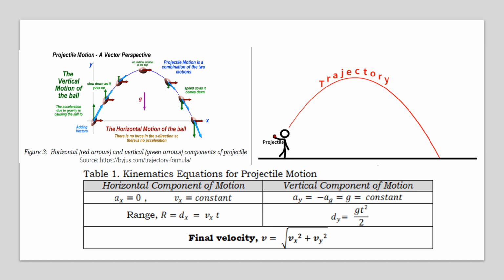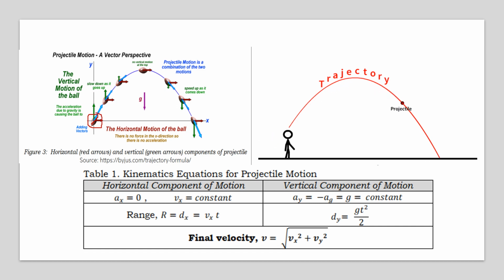In this slide, the first picture shows projectile motion from a vector perspective. This is the vertical motion of the ball. The acceleration due to gravity is affecting the ball. When the ball was thrown upward, this is the first position of the ball.